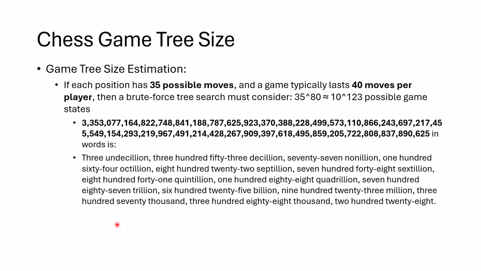So now let's see the size of the game tree, okay? So game tree size for 35 possible moves on average, and games typically last 40 moves per player, right? White plays 40 moves, black plays 40 moves. So in total there are 40 plus 40, 80 moves.